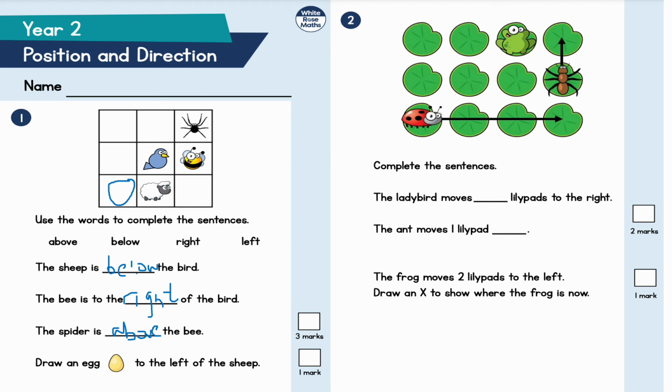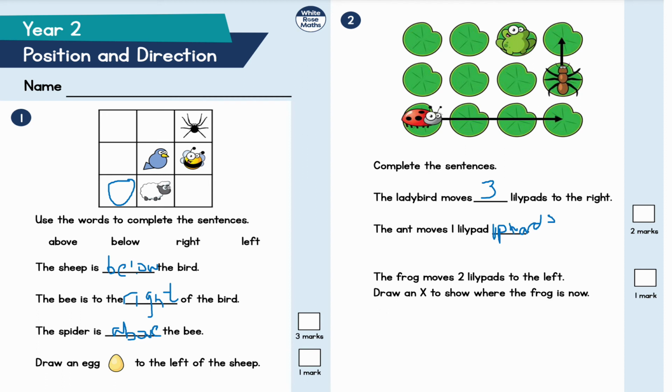This is question number 2. Complete the sentences. The ladybird moves something lily pads to the right. 1, 2, 3. So the ladybird moves 3 lily pads to the right. Next one. The ant moves 1 lily pad upwards, because it's going in the upwards direction.